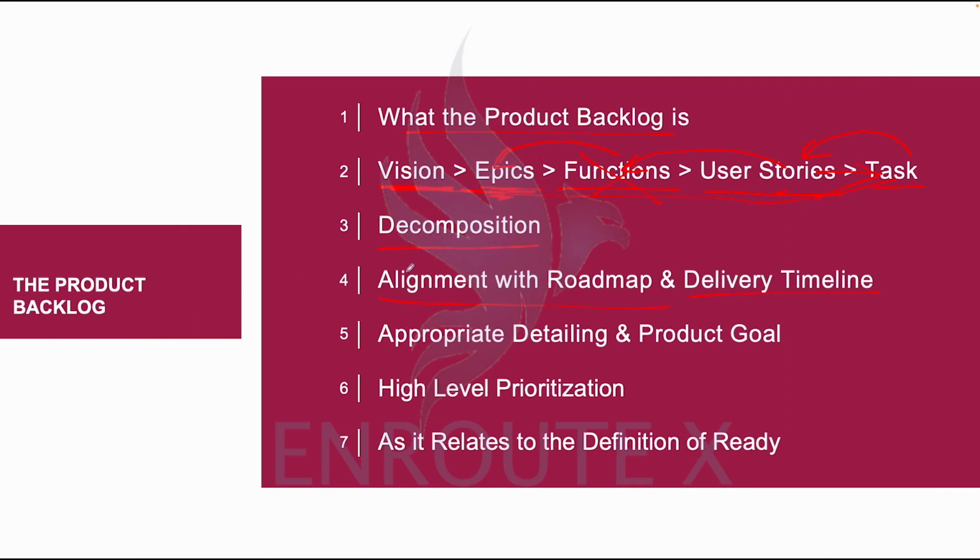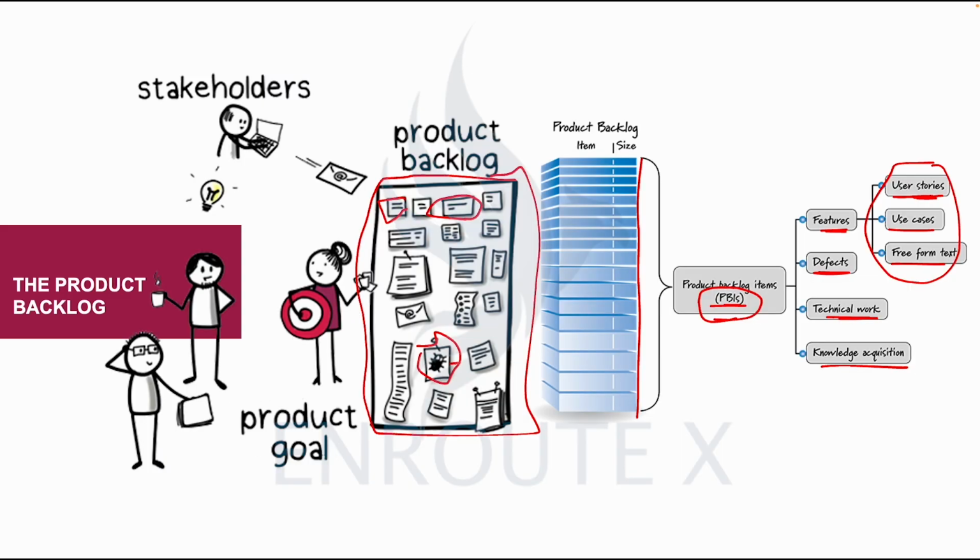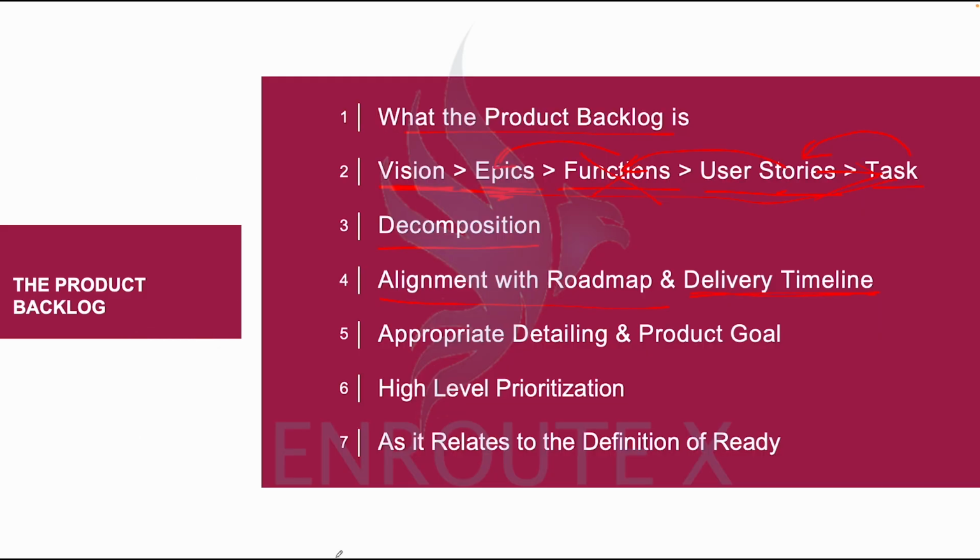So note that your product and product backlog should have some understanding of the delivery timeline, and also should have, where is the board now? And it should also align with the roadmap.